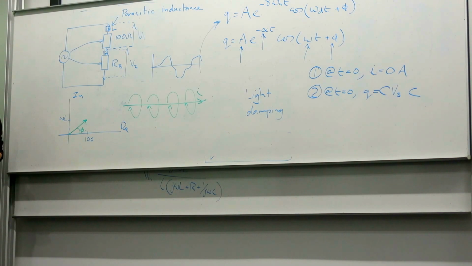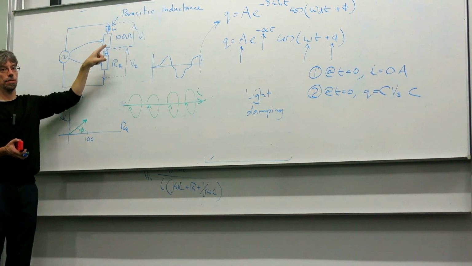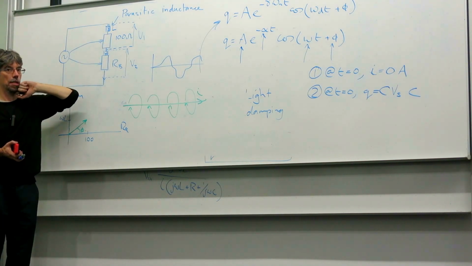Why is it that the voltage across either resistor also changes at high frequencies? The amplitude, besides the phase. So in terms of phase, it would be due to the parasitic inductance. Do you mean in terms of magnitude as well? Yeah.